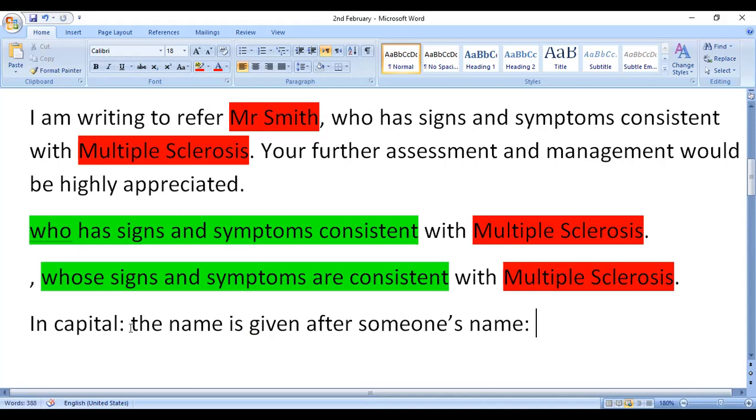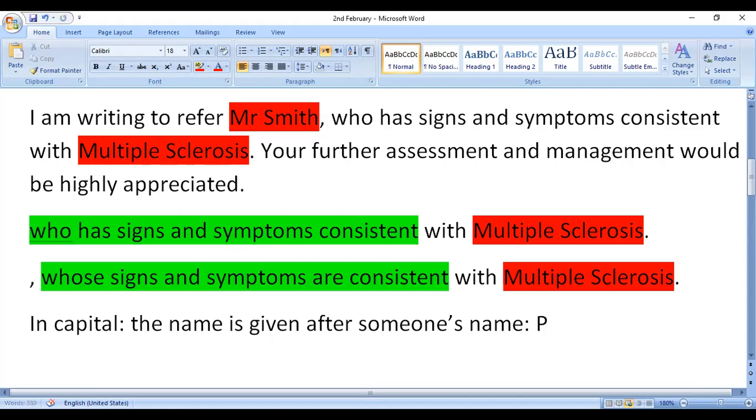Can anybody give me some examples of a disease name that is after someone's name?